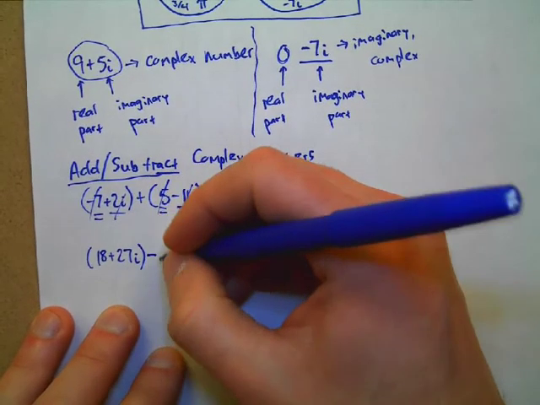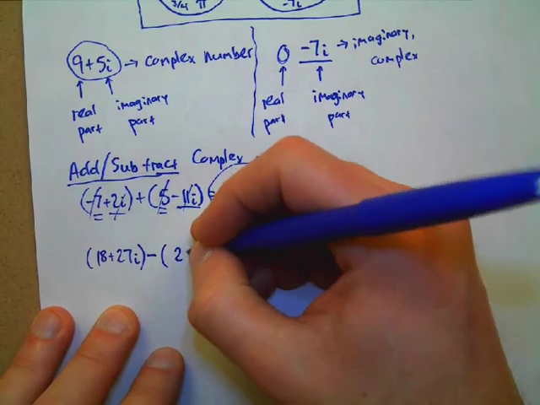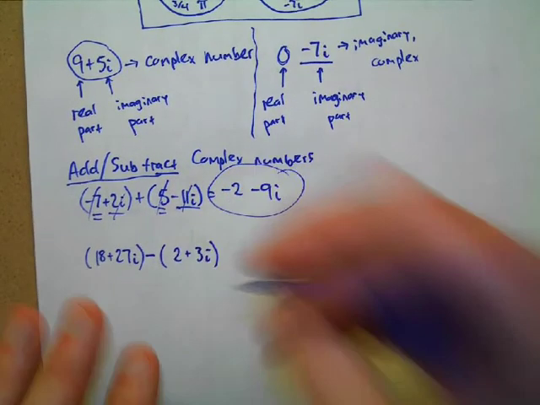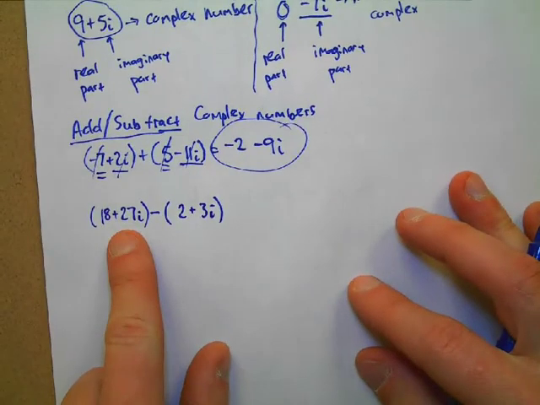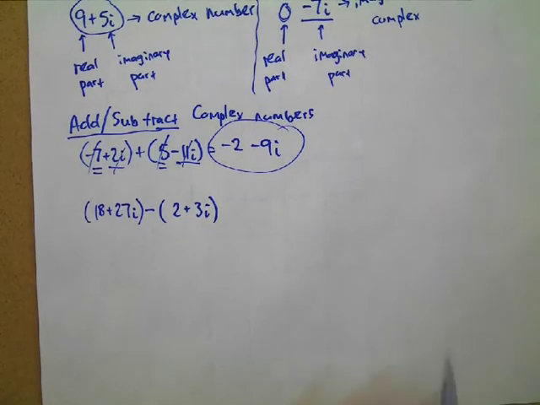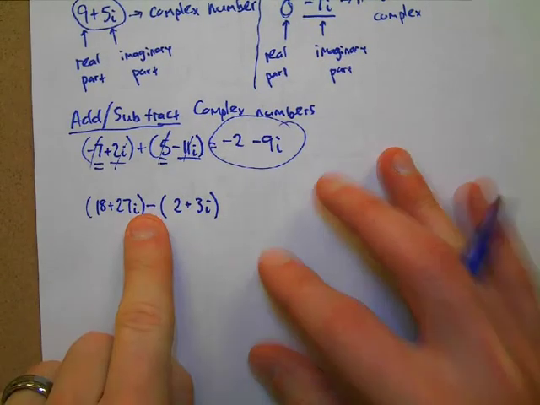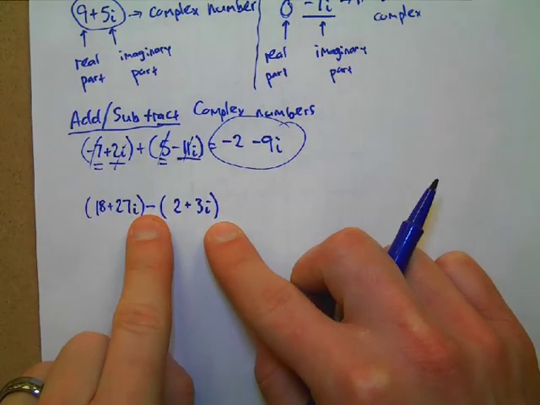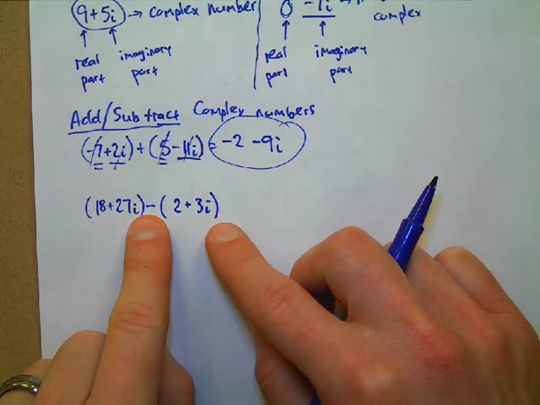All right, let's try subtracting here too, just to make sure we're okay with that. Here we have a complex number minus a complex number. When we have a subtraction in front of parentheses, what do we have to do with that minus sign? Distribute it.